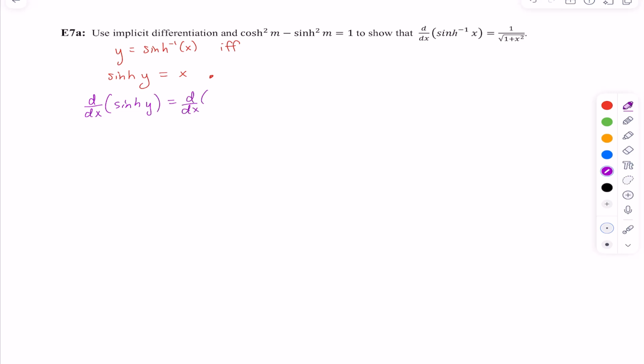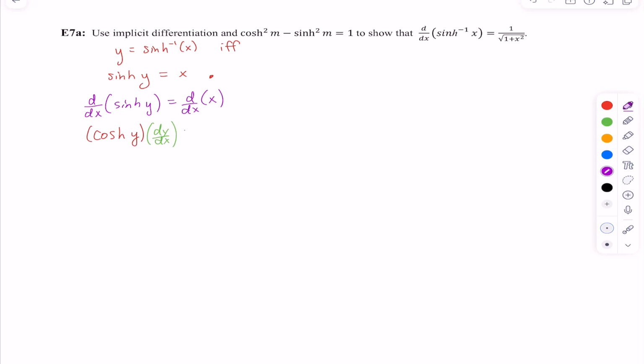So if y is a function of x, then we have a chain rule with the derivative on the left-hand side. We're going to take the derivative of the outside function, evaluated at the inside function, which is that, times the derivative of the inside function, which is simply dy dx.